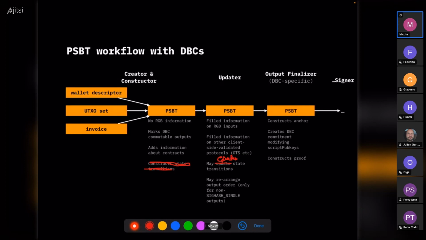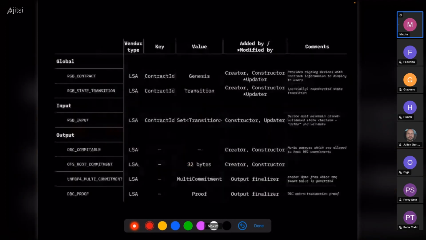And the third actor, which we add to the workflow, the output finalizer, constructs structures called anchors, which are actually whole trees of deterministic Bitcoin commitments. Basically, it creates the deterministic Bitcoin commitments and creates a proof of that commitment. And it puts the proof into the global map of the partially signed Bitcoin transaction such that the wallet and other participants and signing devices will be able to extract it and save it locally or add it to the RGB stash. So that is the workflow.